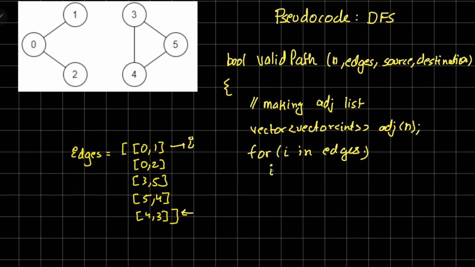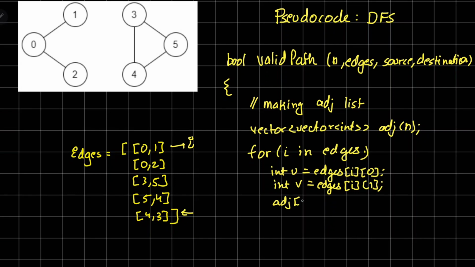So let's say the vertices are u and v. So int u is equal to edges[i][0], and int v is equal to edges[i][1]. Okay, so this is just pseudocode. I'm not using the for each loop here.